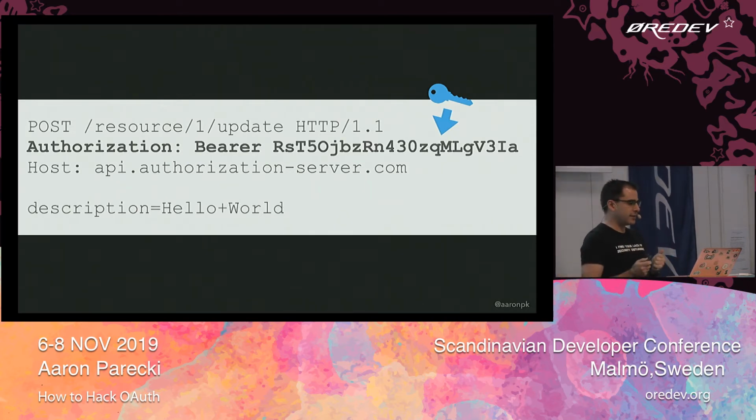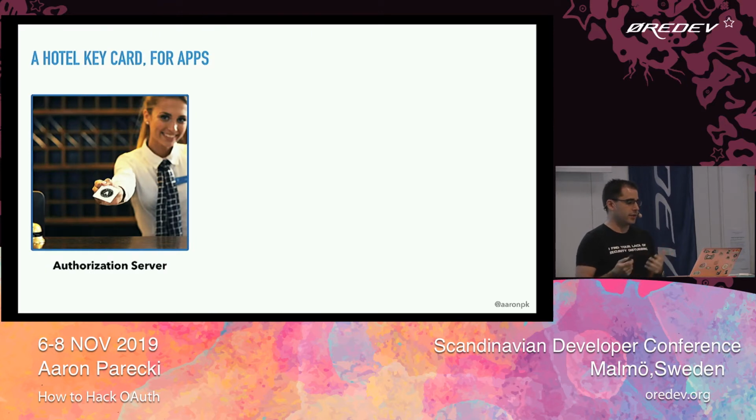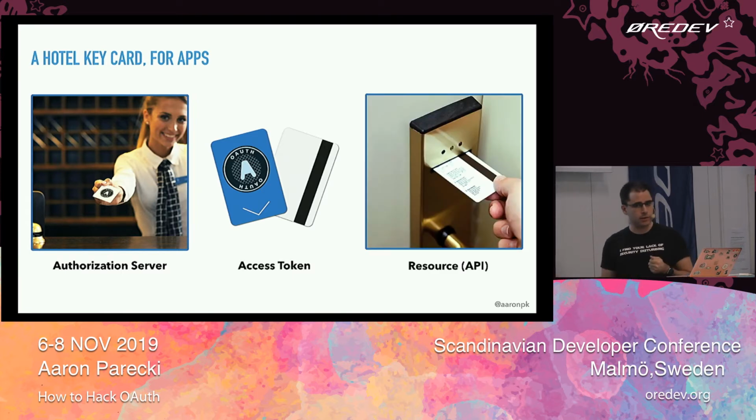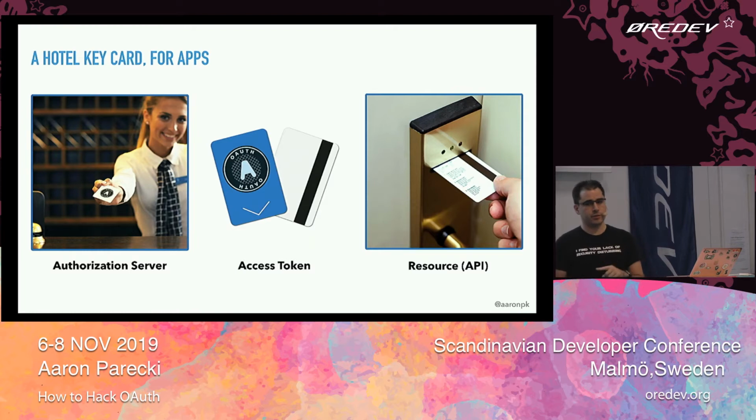I like to think of it as an analogy of a hotel key card, where you check in at the front desk and give the person at the front desk your ID. They give you back this hotel key, which is like an OAuth access token. You take that key to the door and you open the door, and the door lets you in. Now, in order for this system to work, the door doesn't actually care about who you are. The door doesn't need to know your name or your ID or your credit card info or anything like that.